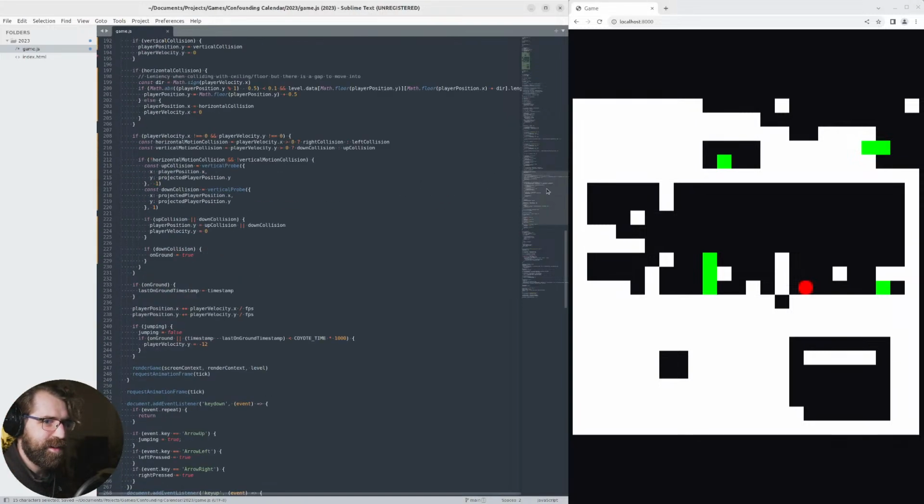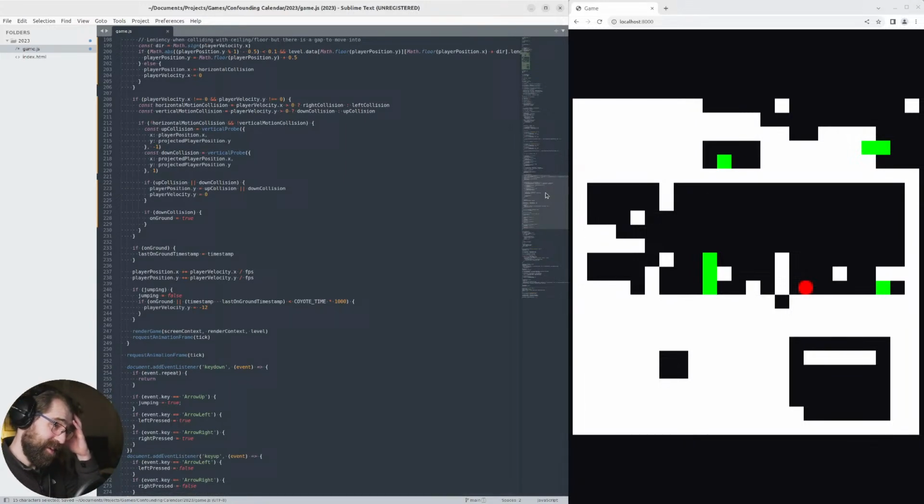And what that's going to be is, I need to know when I pressed up. If I press up, I need to remember that up was pressed while there's colliders above me.